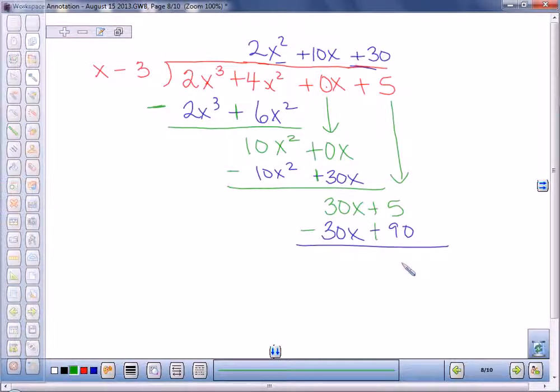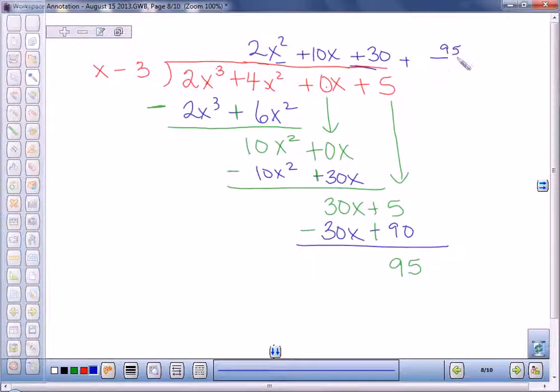Once we get to a point that what's left is of lesser degree than what we're dividing by, that's my remainder. This is now my remainder. And the way we're going to write our remainder is we'll say plus the remainder over the divisor. Oops, that divisor was x minus 3, I'm sorry.